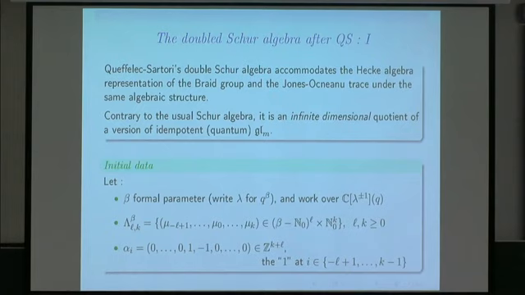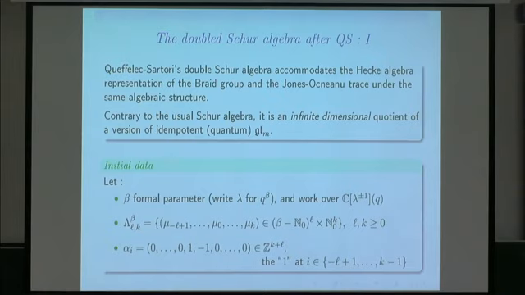The idea of Oel and Antonio Sartori was to put the Hecke algebra representation of the braid group and the Jones-Ocneanu trace, which were two somehow independent things, under the same algebraic structure. This way, they had a completely algebraic, unified description of the HOMFLY polynomial.